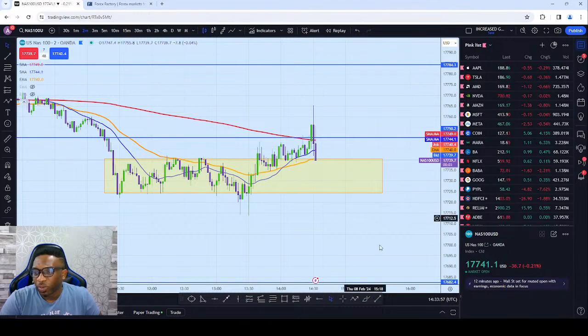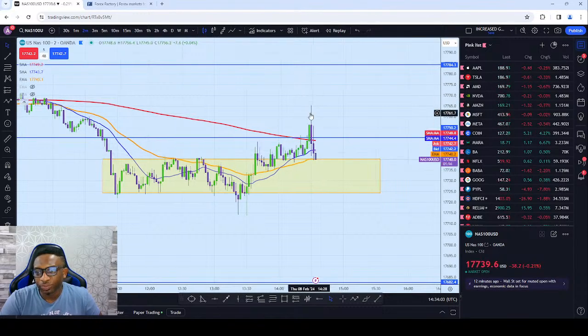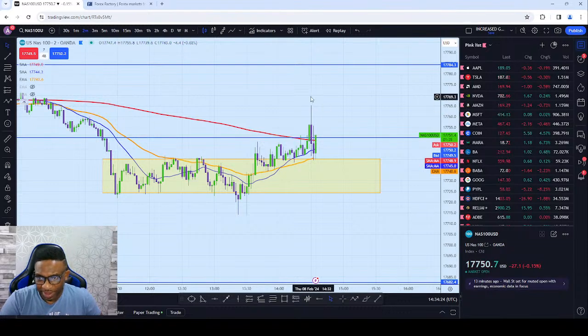Just as I keep on saying, normally when the market opens, price will first of all go in the opposite direction to the one it wants to go. For instance, if it wants to go up, it will first push down, and then 15-20 minutes later, you'll find it turning around to the actual direction it wants to go.